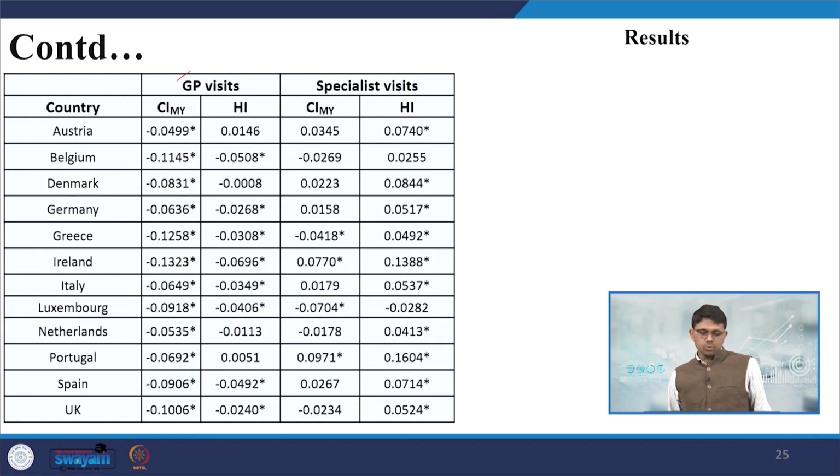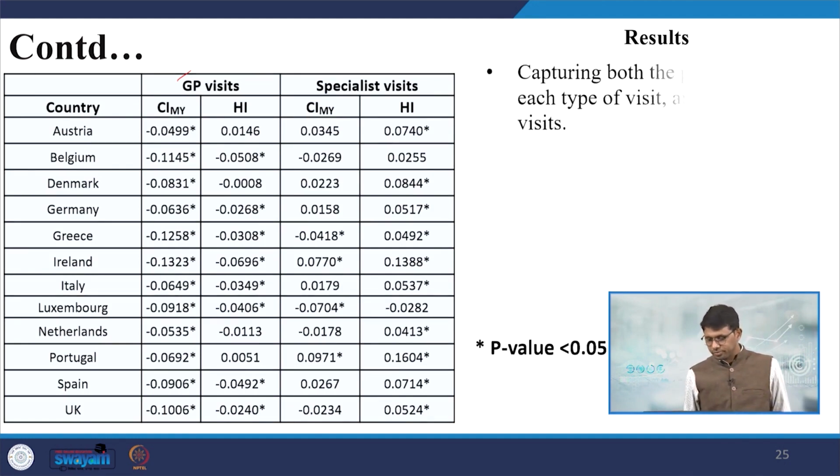Whereas in the case of specialist visits, it is positive, which means those who can afford it can access better, and the societal policy is favoring them more in accessing specialist visits. So for GP visits, the factors might be socio-economic factors other than income, whereas for specialist visits, it might be largely due to income.